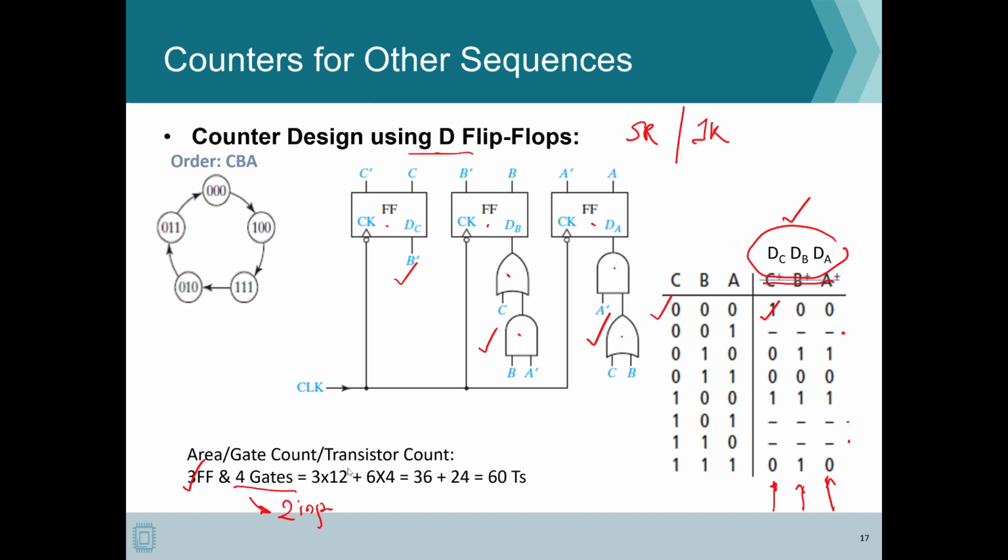So if you are requested for a transistor count, typically for a D flip-flop, you require about 12 transistors to implement that. And for the case of a simple 2 input non-inverted gate, you need about 6 transistors to do it.